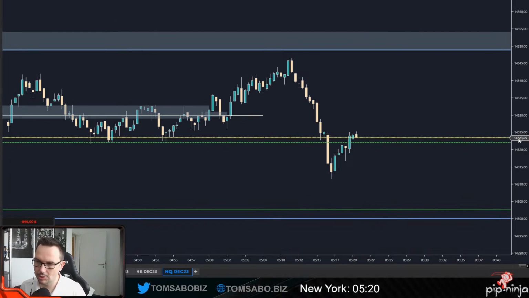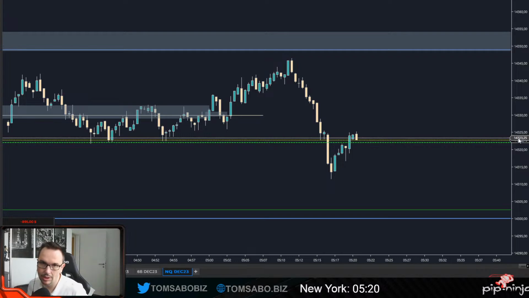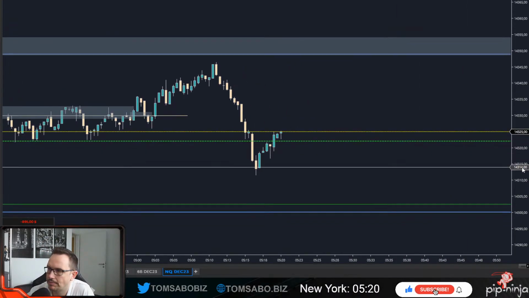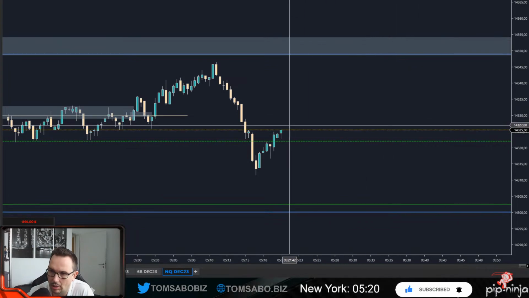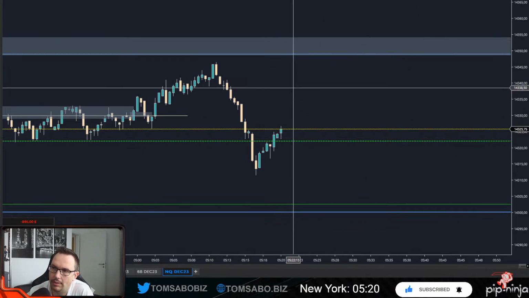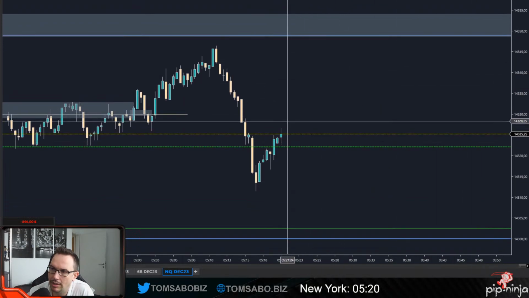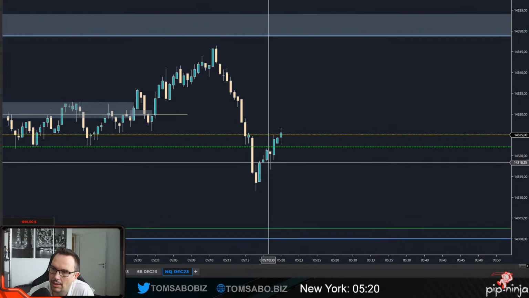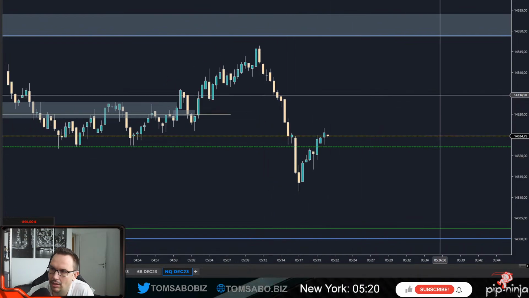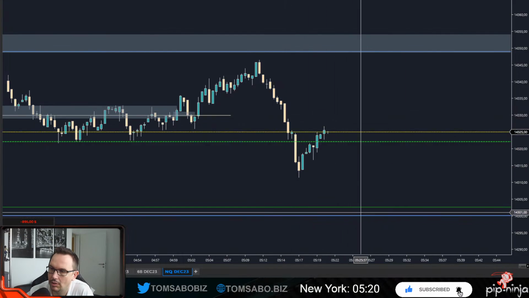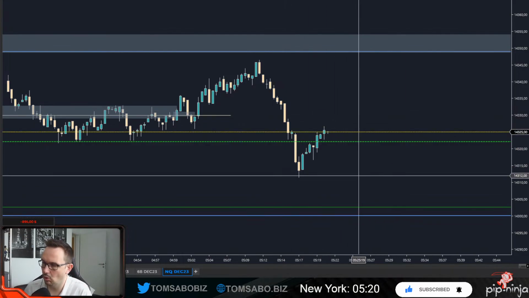But there's no structure here to break to the upside, so I would not go long, that's for sure. I would not go long here. I'm not saying I would not go long, but not in this structure, because there's nothing here that interests me. It could just take some liquidity here and then continue to the downside, continue to go below 300.